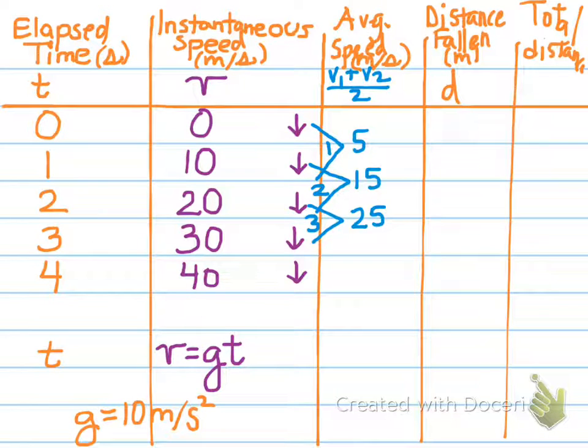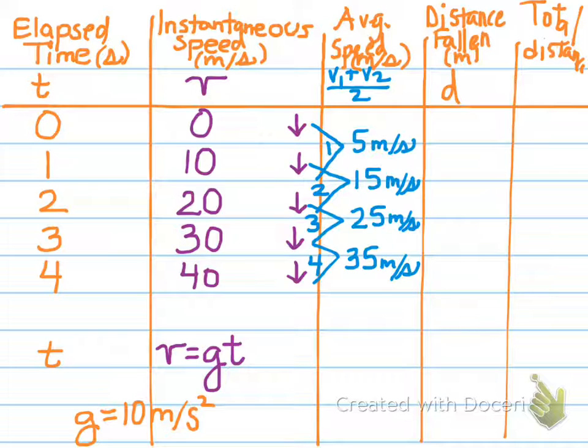And for my fourth second of fall, 30 plus 40 is 70, divided by 2 is 35. So again, remember, these are my speeds. I can make them velocities by saying that I'm falling downwards. So this is my average speed.